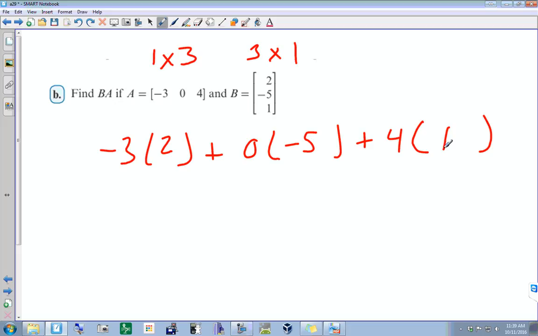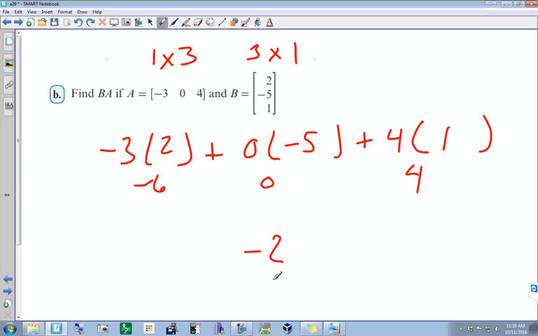Do not do calculations in the middle. Write everything out, then calculate. 9 times out of 10, the errors are made simply because you're getting ahead of yourself. So, for here, negative 6, 0, 4. The answer is negative 2.